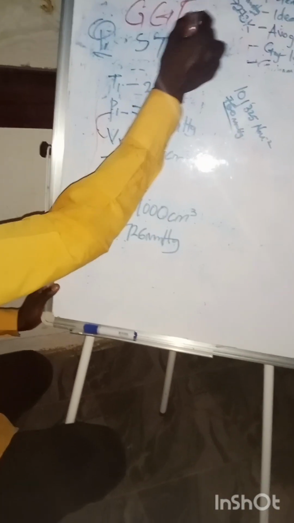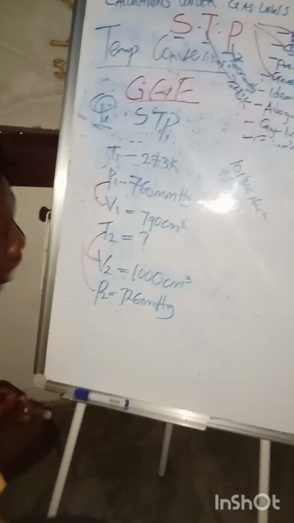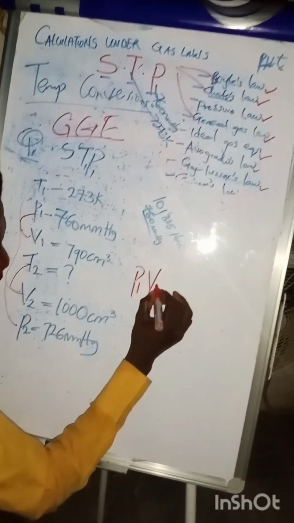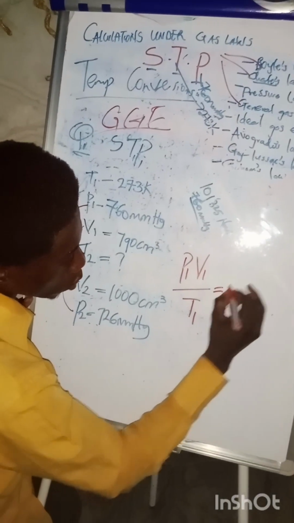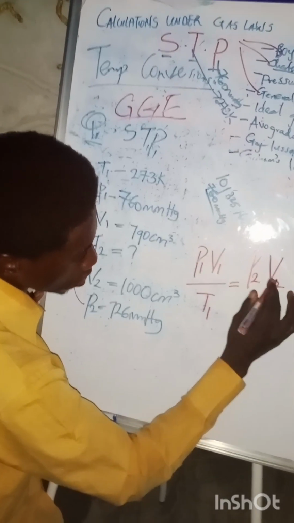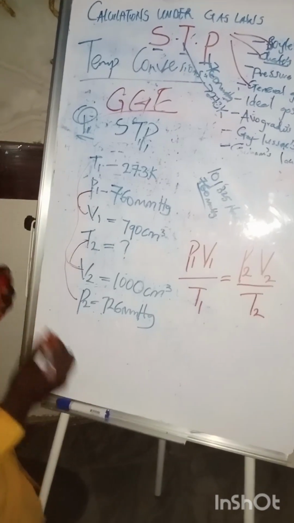I'll go to the general gas equation. The general gas equation says P1 V1 over T1 is equal to P2 V2 divided by T2.